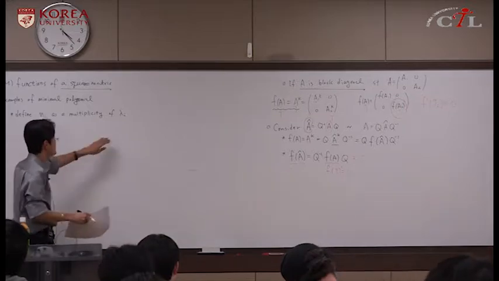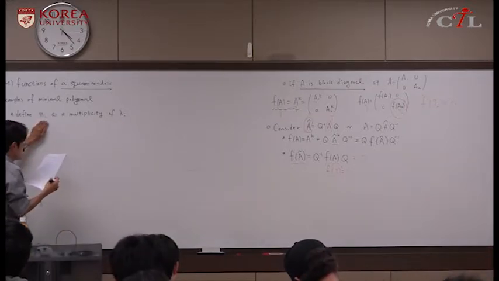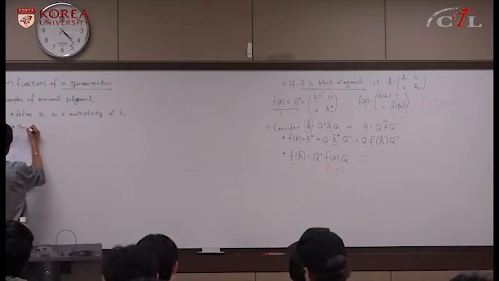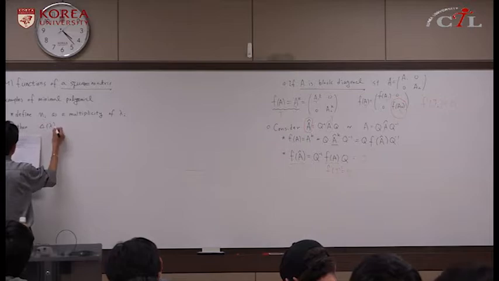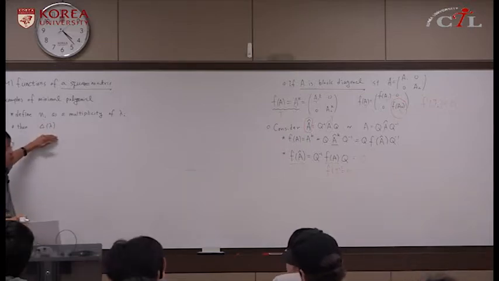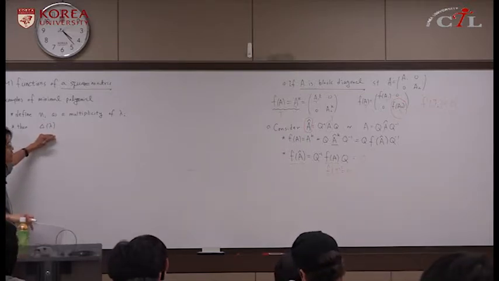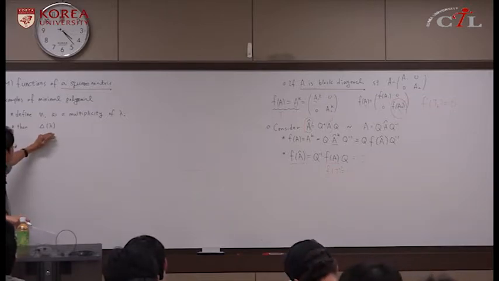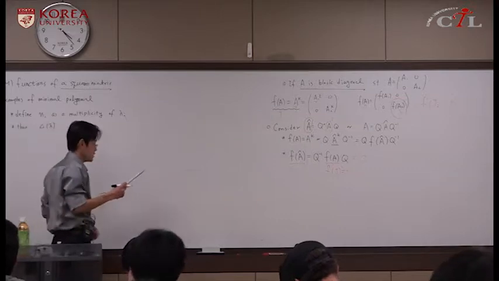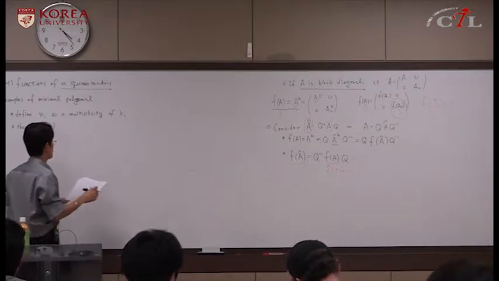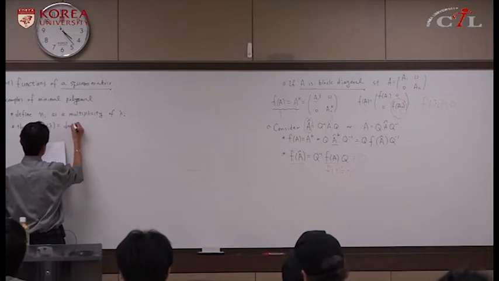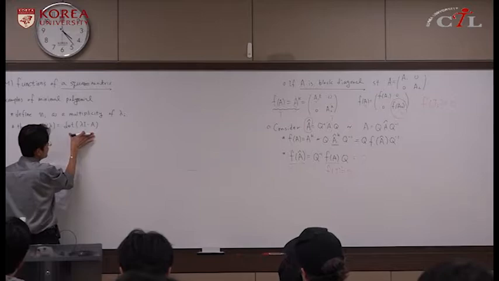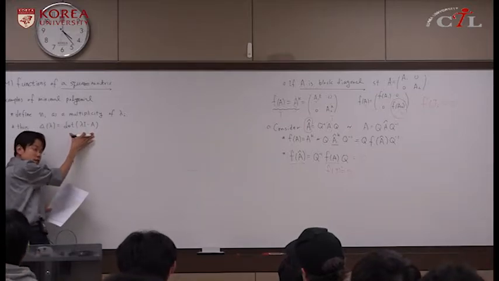How many times lambda i appears is Ni. Then the characteristic polynomial is the determinant of lambda I minus A. This is what you do when you try to find eigenvalues, right?